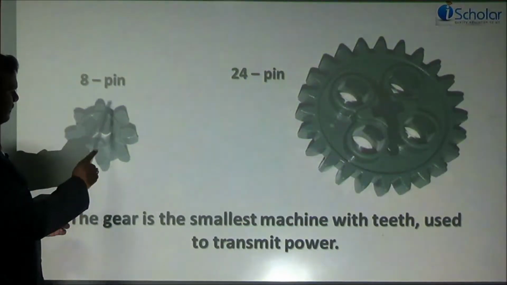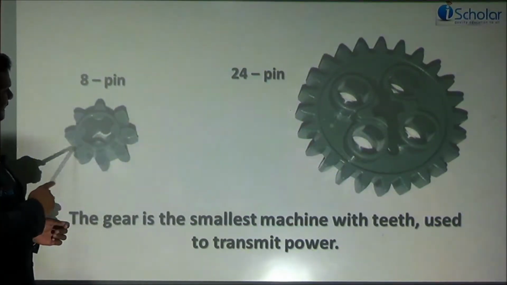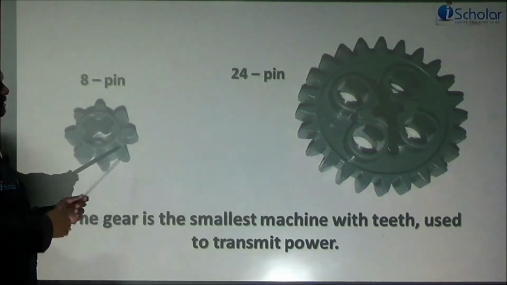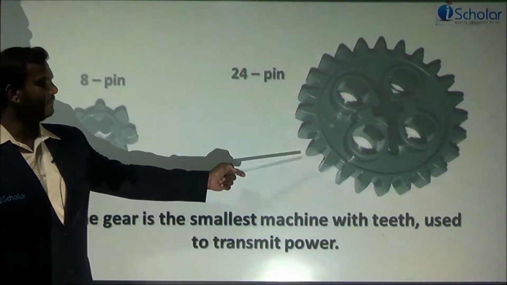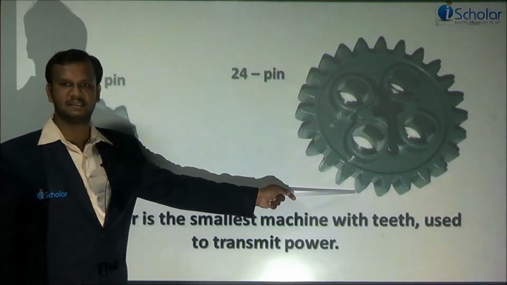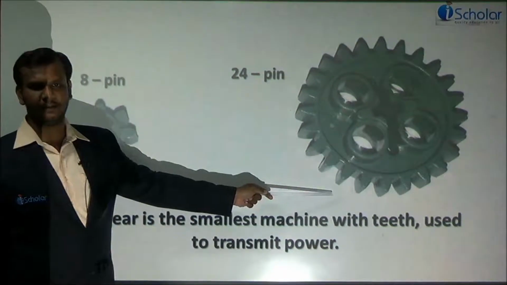Can you see here? You have a circular shape. Over this, you have a teeth-like structure, sharp edges. This is the smaller gear, and that is the bigger one. In this, you can see it clearly: a circle, and at the edge, sharp edges. So this we call either a pin or a gear.